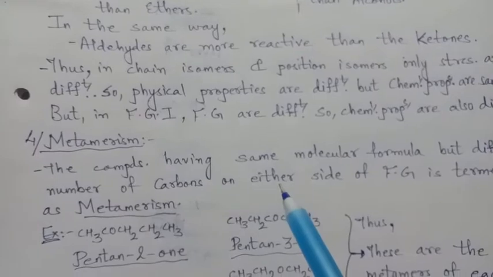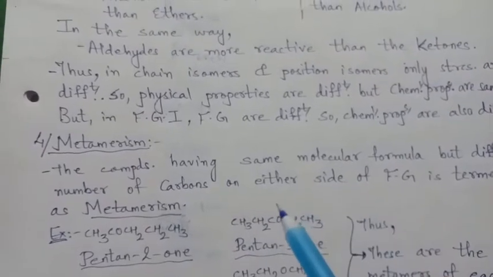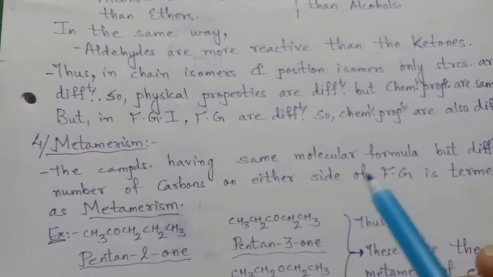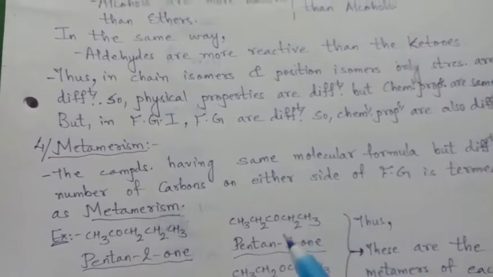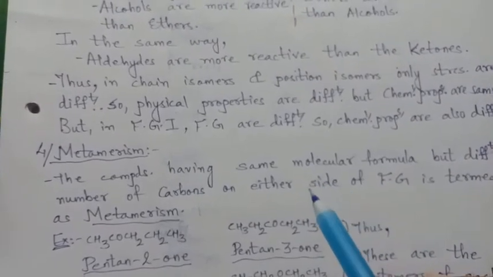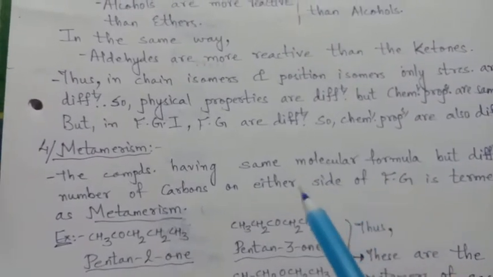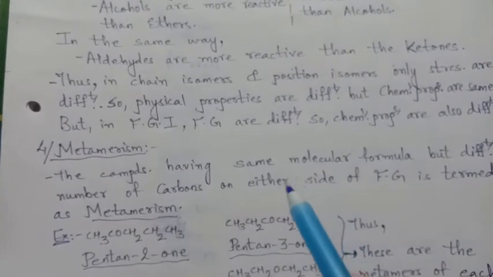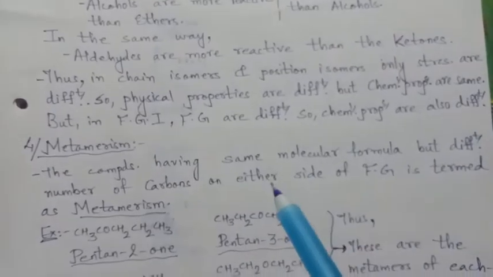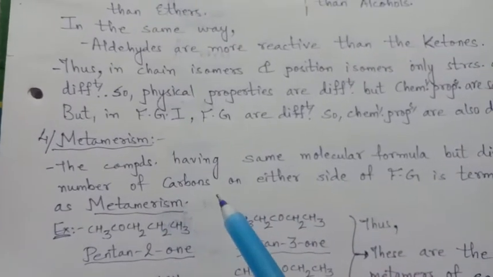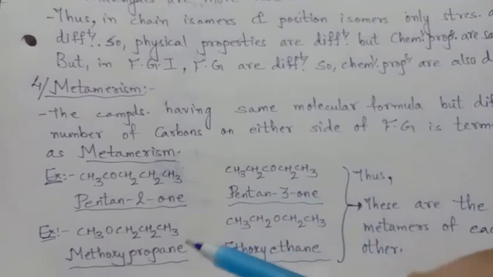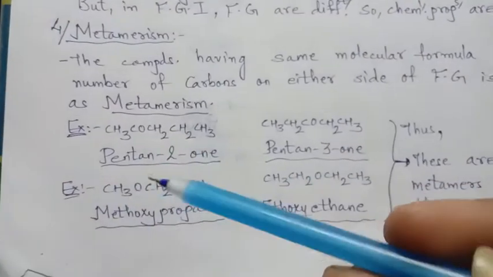In chain isomers, there was a difference in the chain. In position isomers, there was a difference in the position of the groups. In functional group isomers, the molecular formula was the same, but functional groups were different. And in metamerism now, the molecular formula is once again the same, but the number of carbons on either side of the functional group is different, right? Let us see an example.